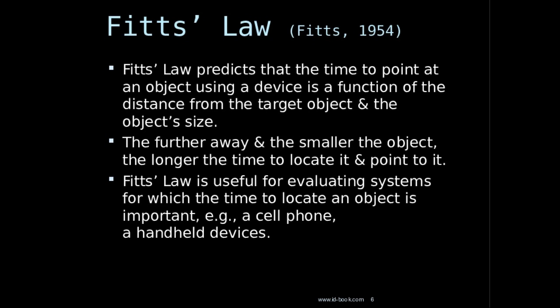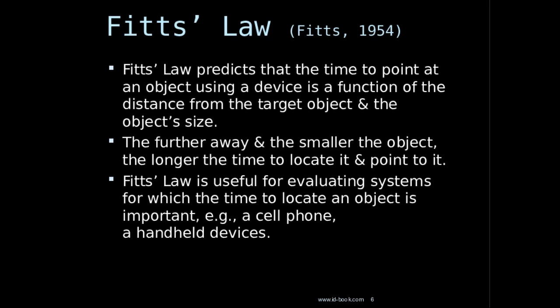The law is useful not only for predicting MT but also for evaluating systems for which the time to locate an object is important, say for example in a cell phone or handheld devices.